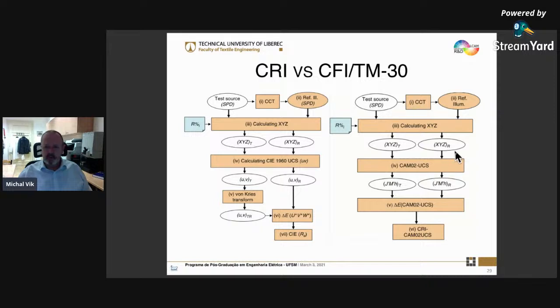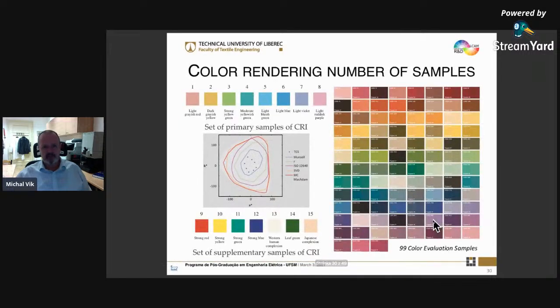The difference is in the use of a new chromatic adaptation inside of the CAM02 model, and also the use of the CAM02 UCS system. Then we calculate color differences inside of this uniform system. That is one difference in concept. Another difference is the number of samples used for color rendering. I mentioned that in the case of the standard color rendering index, we are using only 8 basic samples.